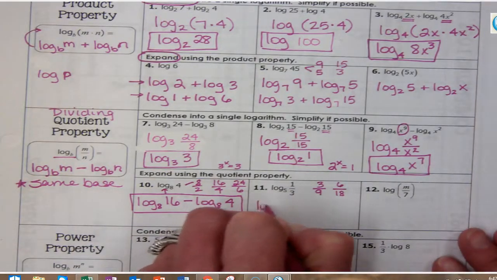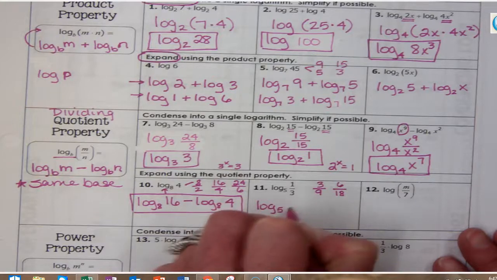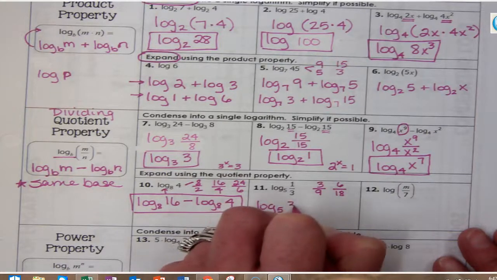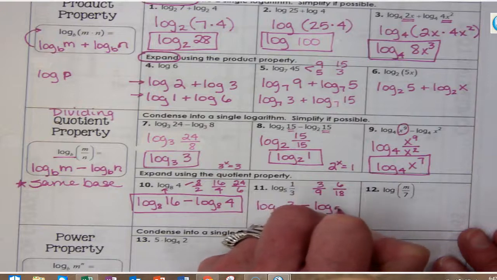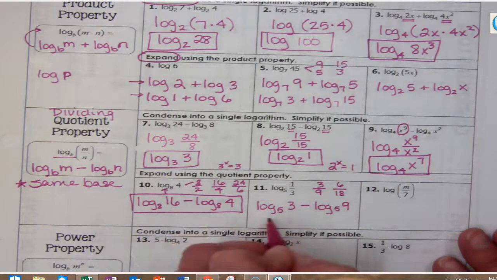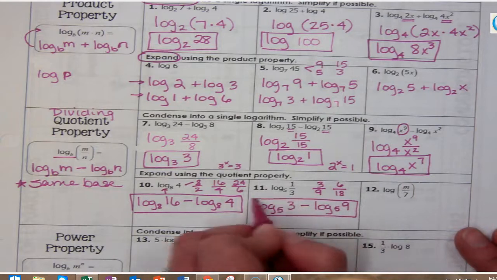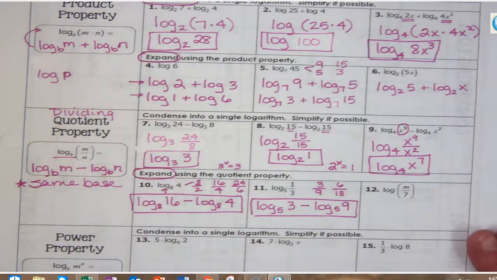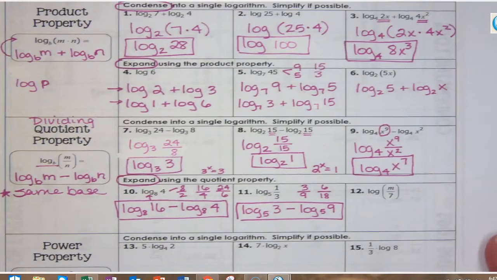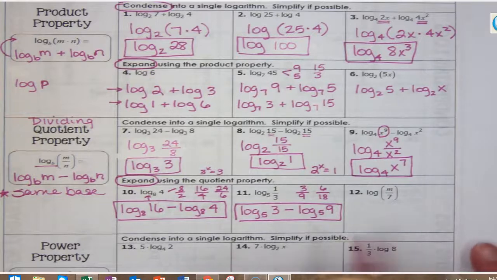So you can say log base 5 of 3 minus log base 5 of 9. That would give me the same answer. So I'm expanding. You will be required to do this on the quiz or on the test. So make sure you know how to do it both ways.